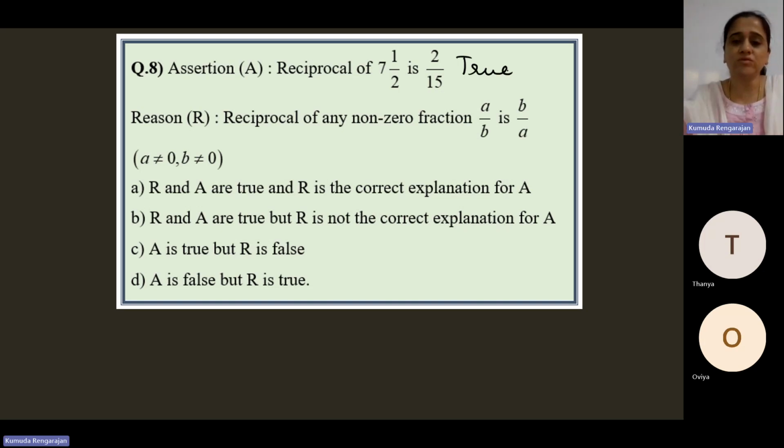Reciprocal of any non-zero fraction A by B is B by A. Correct. All of you feel that? Correct? Tanya, correct? Yes, ma'am. Very good.